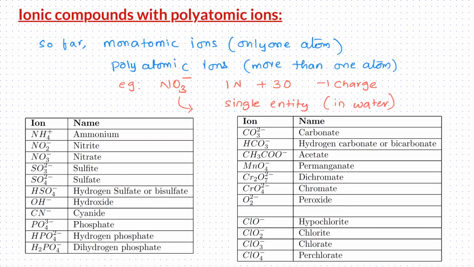Some of the common polyatomic ions and their names are in the following tables. These names and formulas must be memorized. The rules for naming ionic compounds with polyatomic ions are the same as type 1 and type 2 binary ionic compounds. Let us do a couple of examples in the next slide.